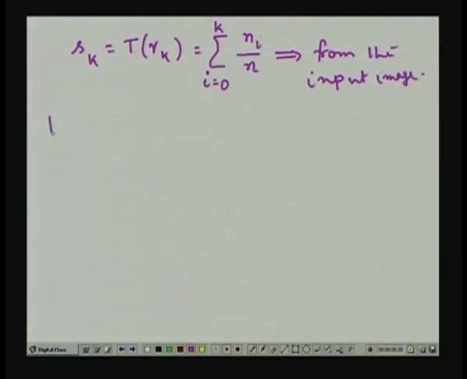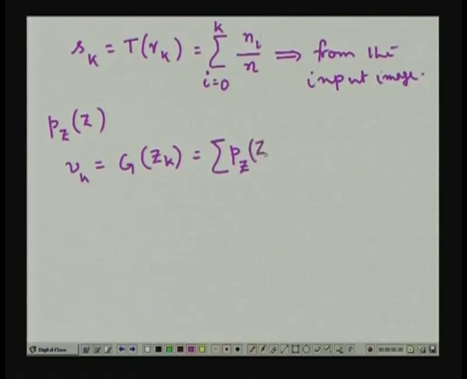And from the target histogram that is specified, that is p_z(z), we get a transformation function, say v_k equal to G(z_k), which is equal to the sum of p_z(z_i), where now i varies from 0 to k, and we set this equal to s_k.